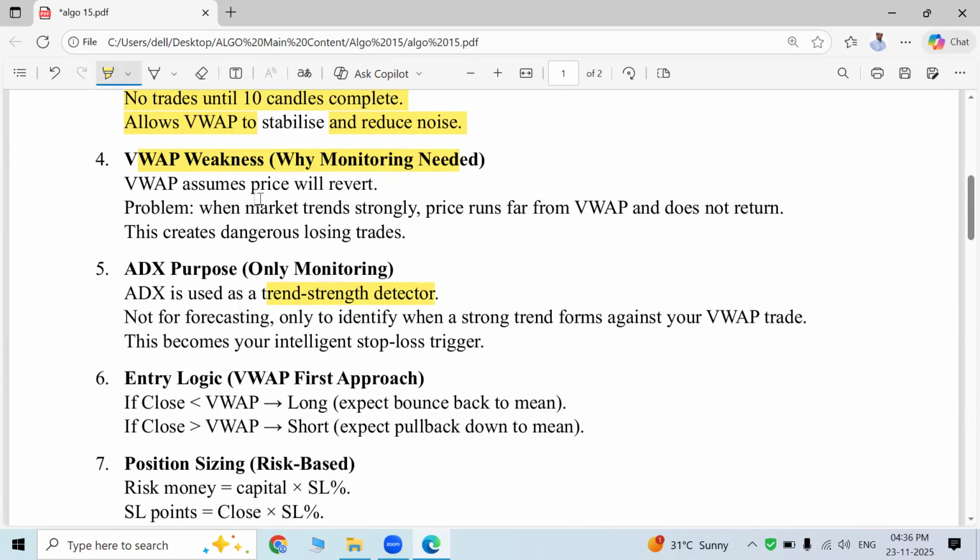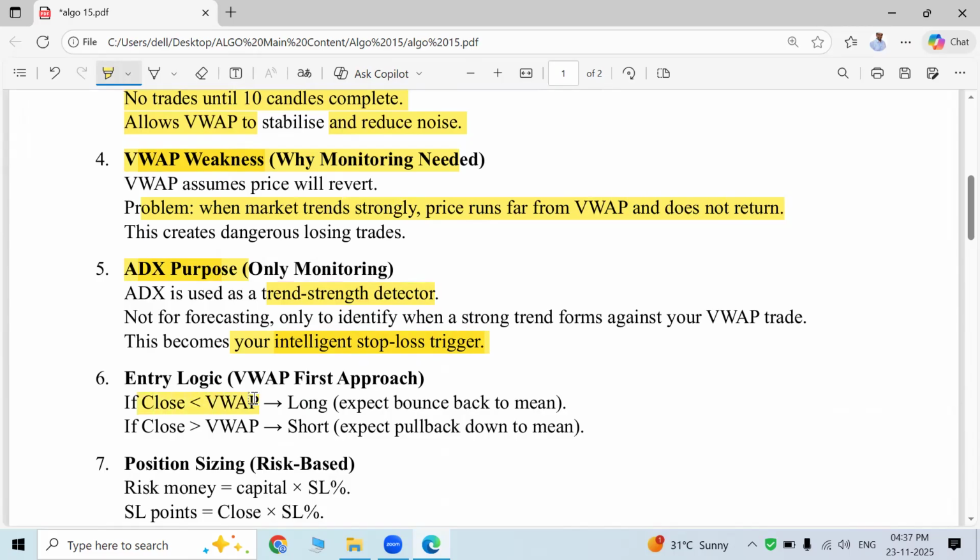If the price is going against your position, that means the position is already taken, but it is not returning to the mean, then ADX will come, continue to monitor and trigger your stop loss. Now this is basically a kind of intelligent stop loss. Now why is it intelligent? Because VWAP weakness will be handled by ADX.